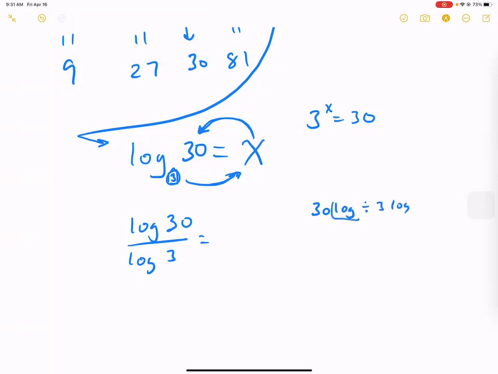If you have a one step up calculator, you can type log, open parentheses 30, divided by log, open parentheses 3. Don't forget to close that. If you have the super cool calculators, you just type log base 3 of 30 and hit equals. And you should end up with all the same answer.